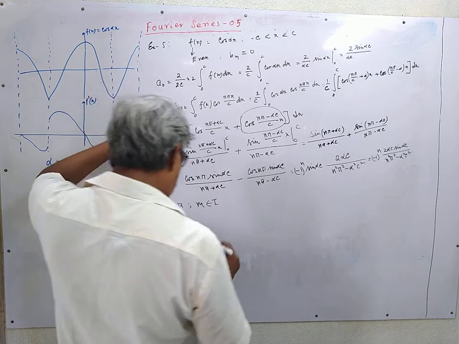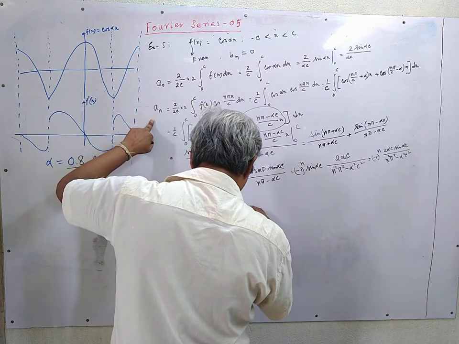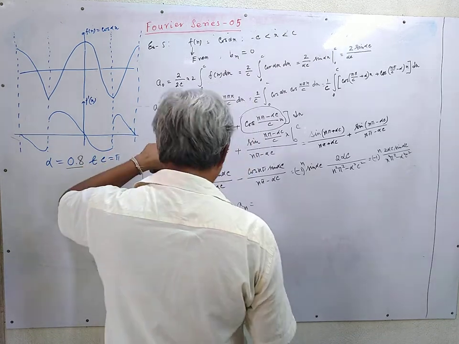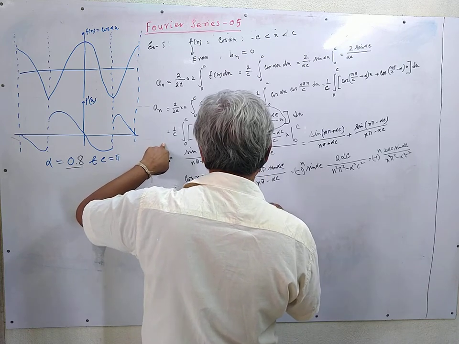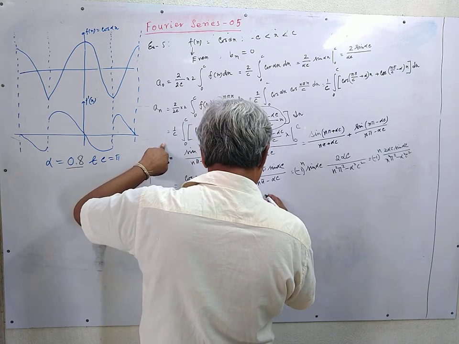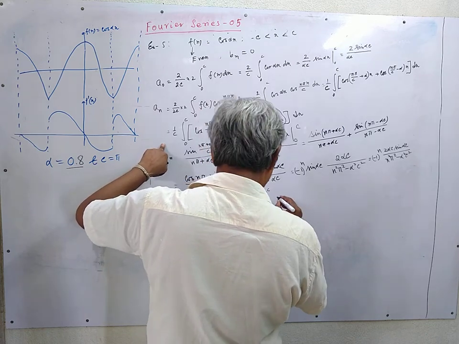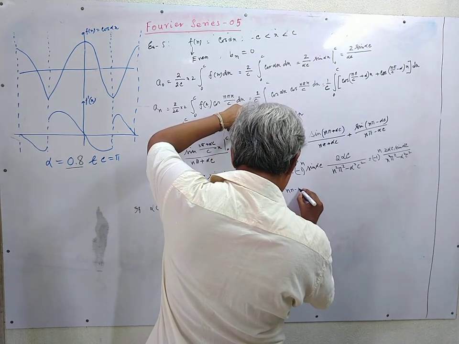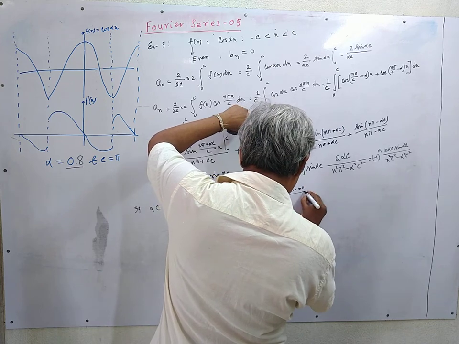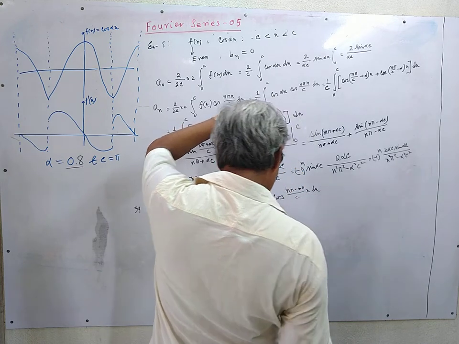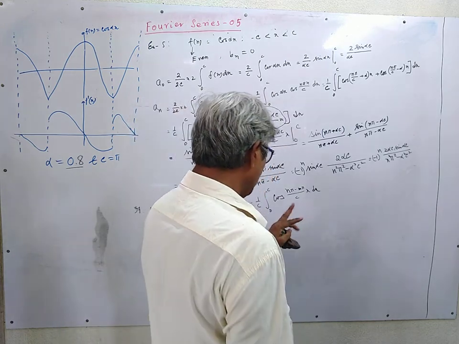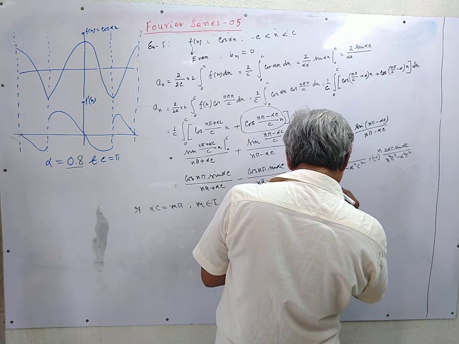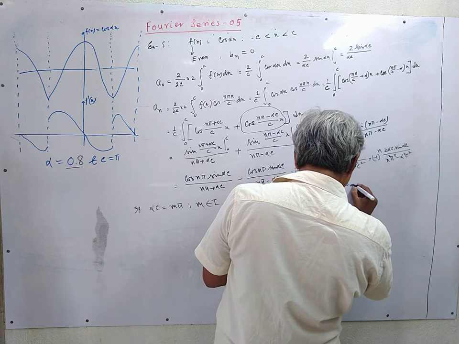Then we will have an equal to 1 upon c integral from 0 to c of cos of n pi minus m pi by c x dx, and this is equal to c times delta mn, so 1 by c times delta mn.